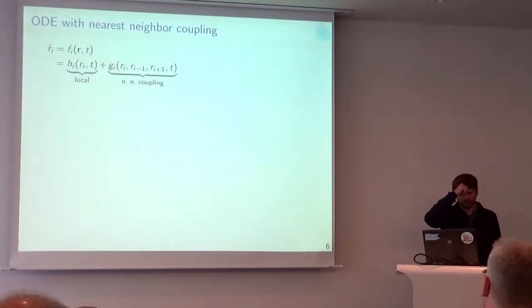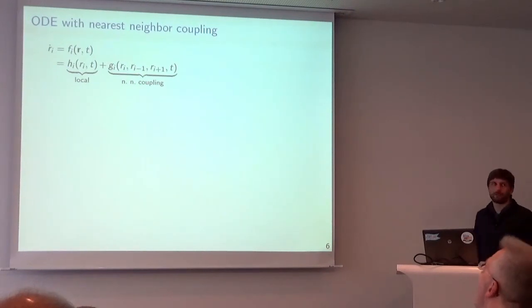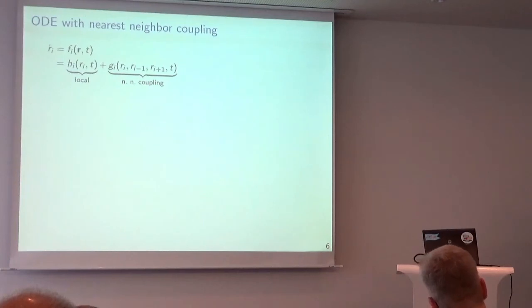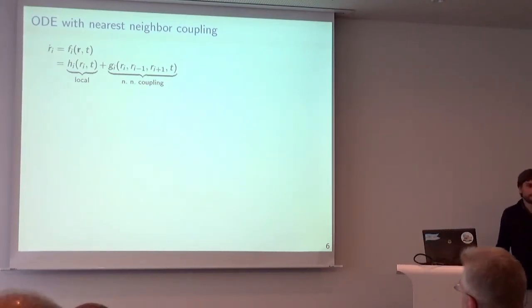Okay, but the simulation was very simple because all of those systems were independent. Now what I'm actually faced with is a similar setup, but now I have a huge amount of pendulums, all of them connected to the nearest neighbor.